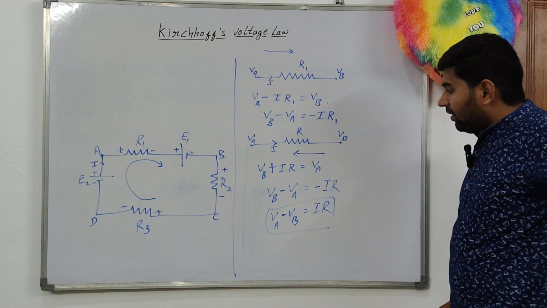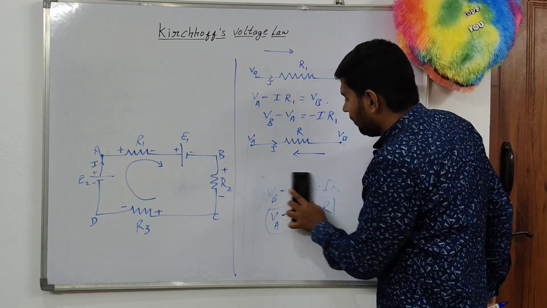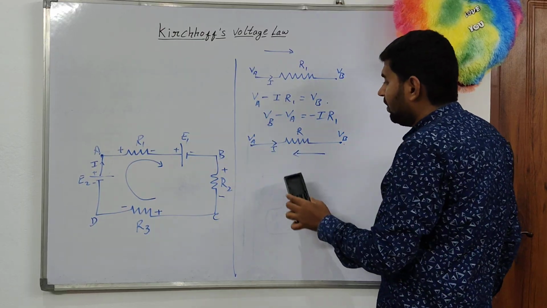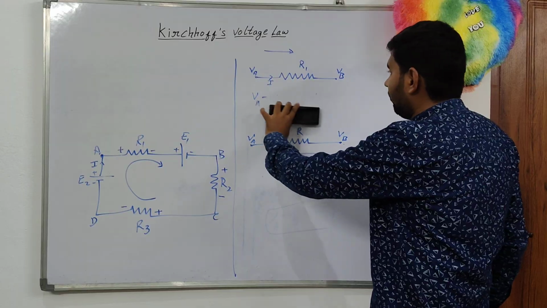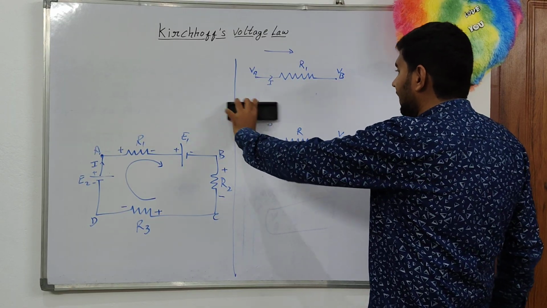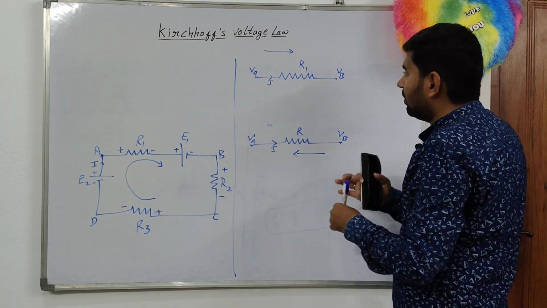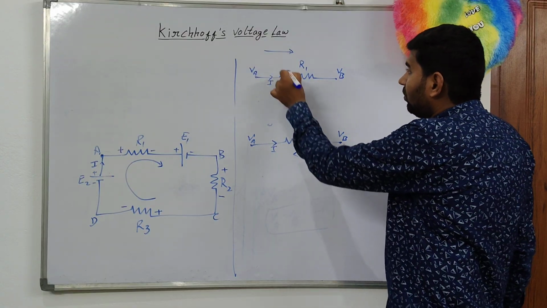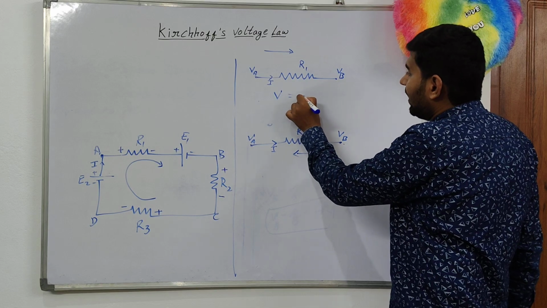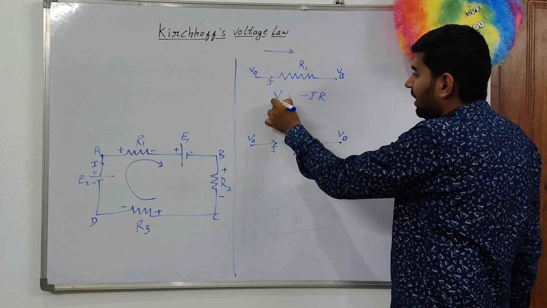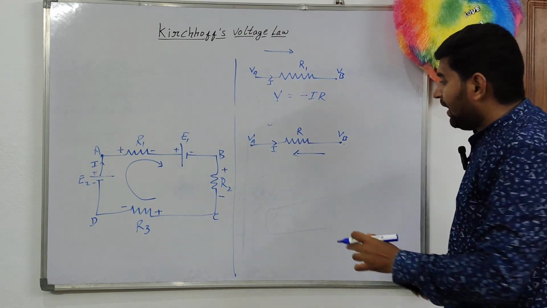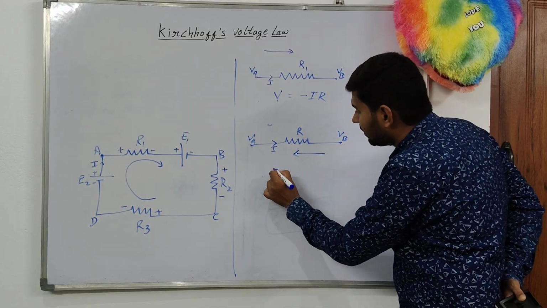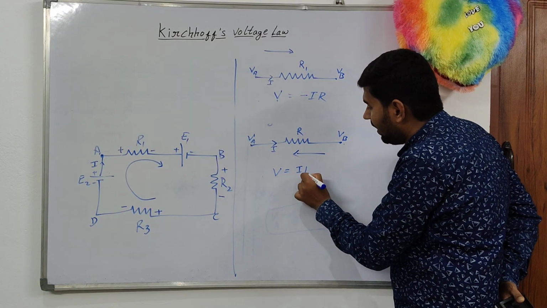If you have confusion, just remember, for better understanding, let us assume the potential difference is V. Here, if both directions are same, I can write minus IR. Here V is the potential difference. Simple. Here both directions are opposite to each other, V is equal to IR.